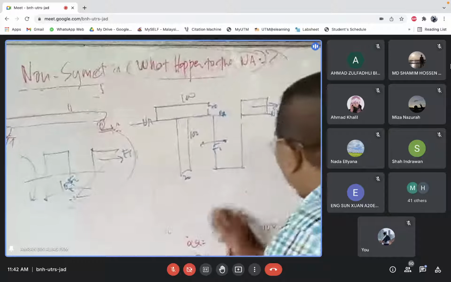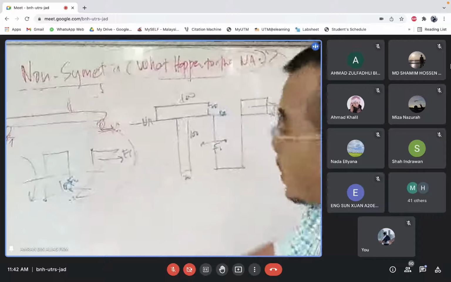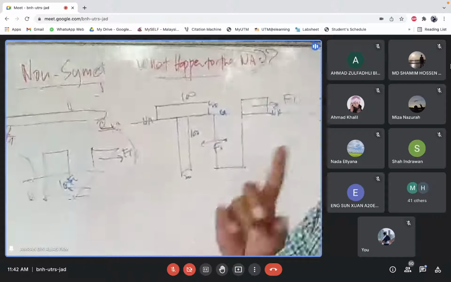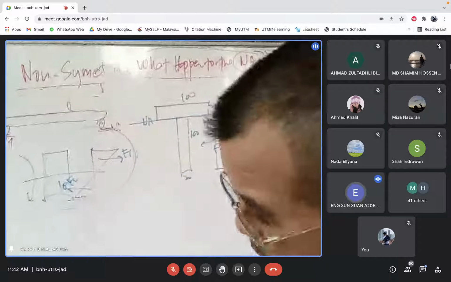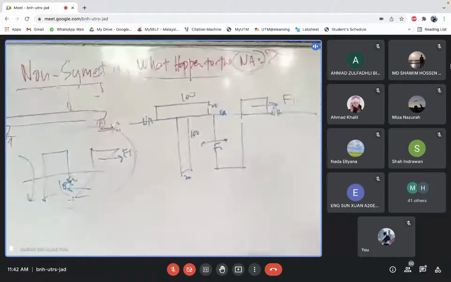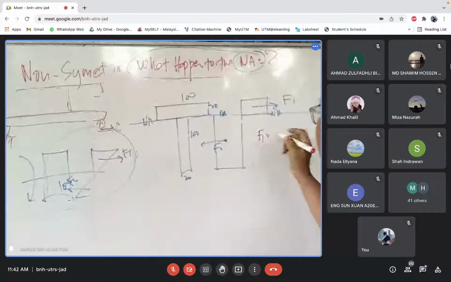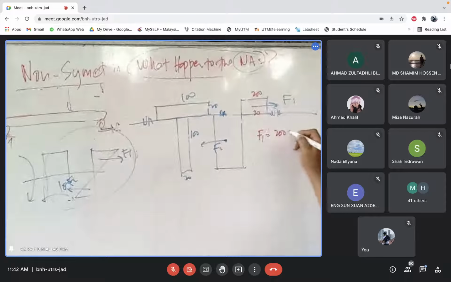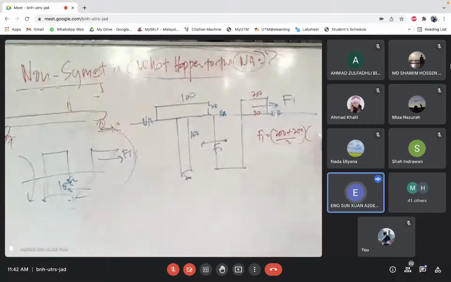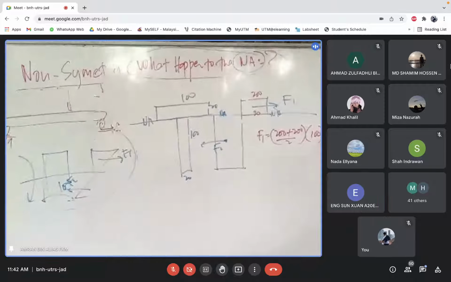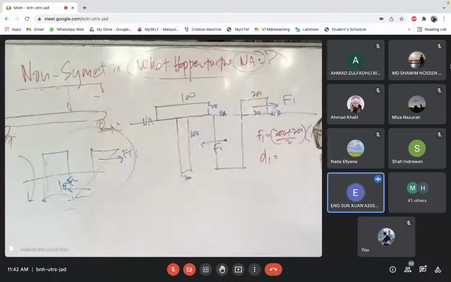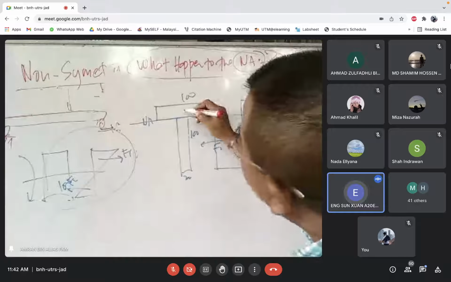Do it again slowly. The step just now is to find the A or neutral axis. And then what is your F1 now? 200. What's the area? 100 times 20. What is your D1? 10, half of 20.